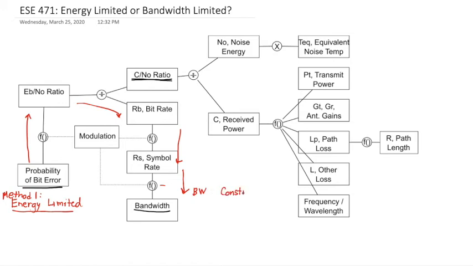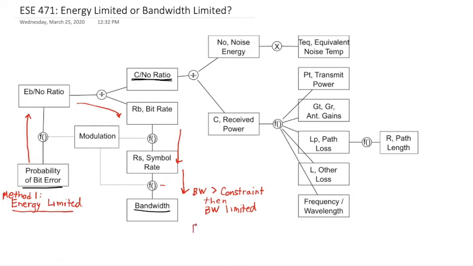And if the bandwidth that we get is greater than the constraint allows us, then we're going to end up with deciding that we were not energy limited. In fact, we were bandwidth limited. So in that case, we're going to have to start again with method 2.